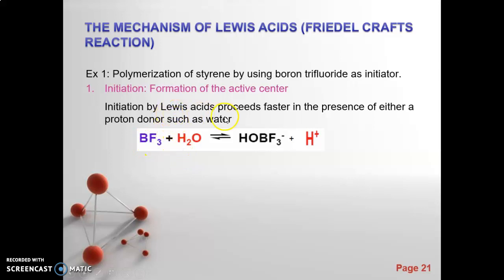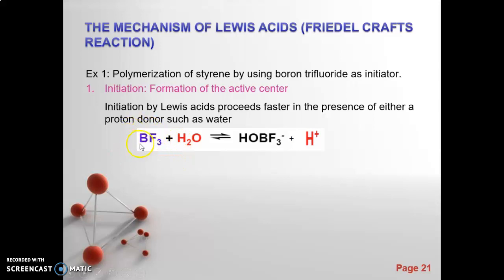Initiation by Lewis acid proceeds faster in the presence of either a proton donor such as water. So ini adalah step dissociation. Okay, dissociation of initiator. Okay, ni BF3 ni adalah initiator dia dalam Lewis acid type of initiator. Okay, kita akan pay attention untuk Lewis acid sahaja. Protonic dengan stable cation tak payah.